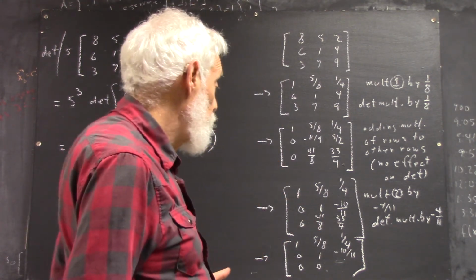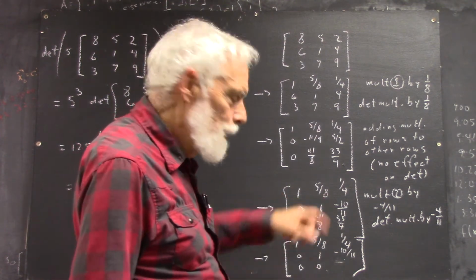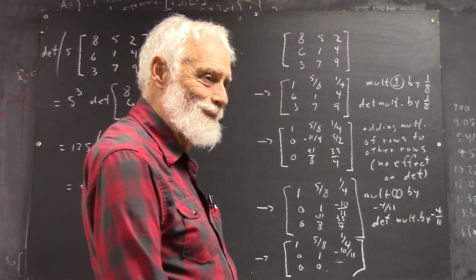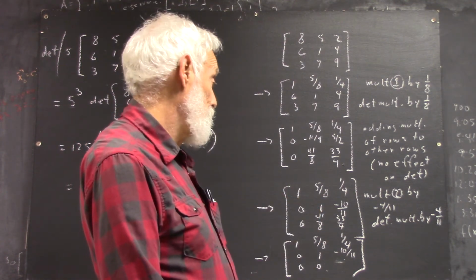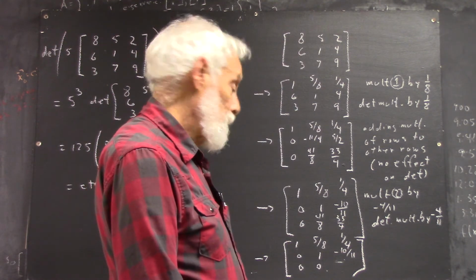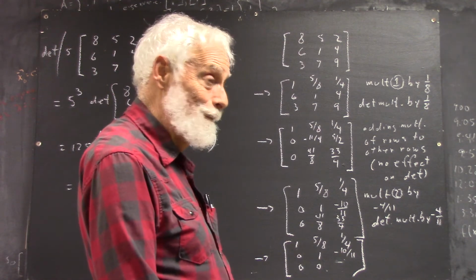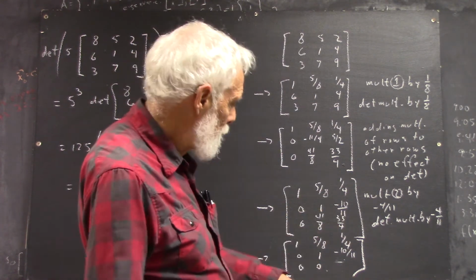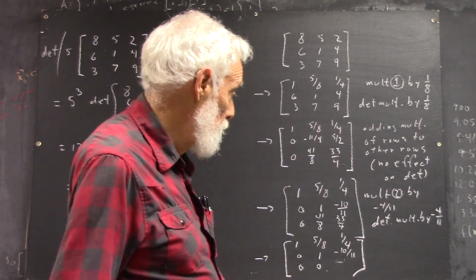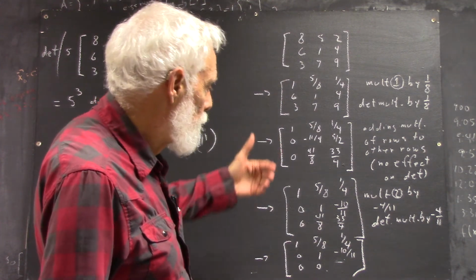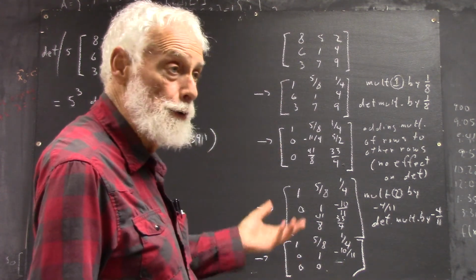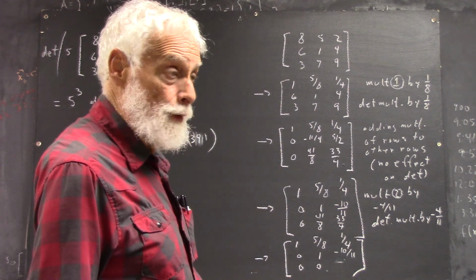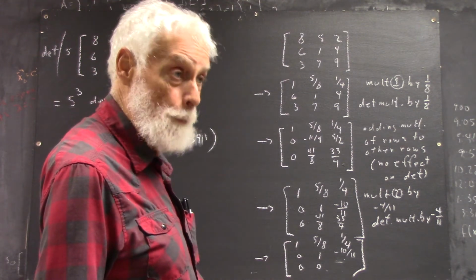So, negative 41 over 8 times negative 10 over 11. That's easy. Well, negative 41 times 10 is negative 410. 11 times 8 is 88, right? So it's negative 410 over 88, but it's going to be positive because it's multiplied by negative 41 over 8. So it's 410 over 88, which of course reduces, right, to 205 over 44.